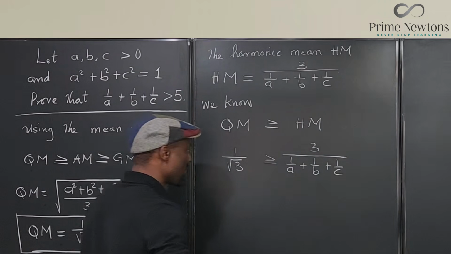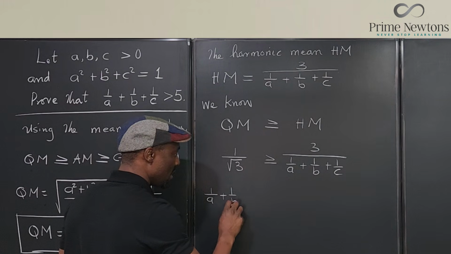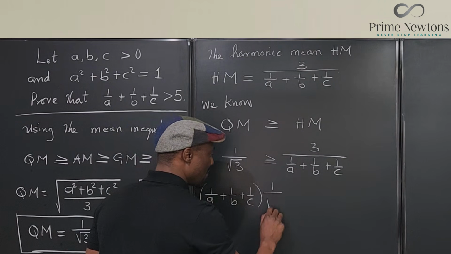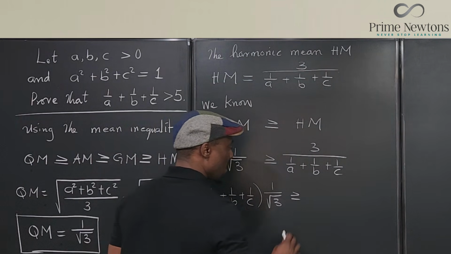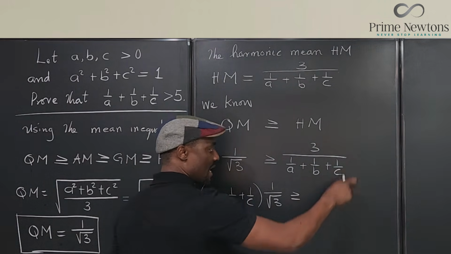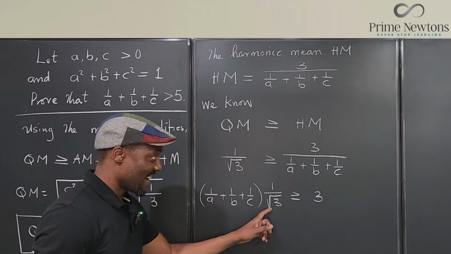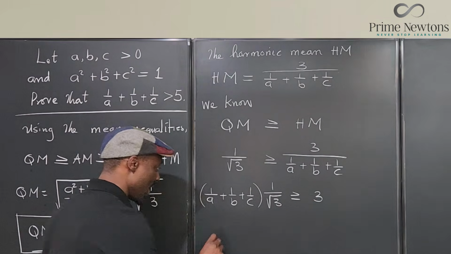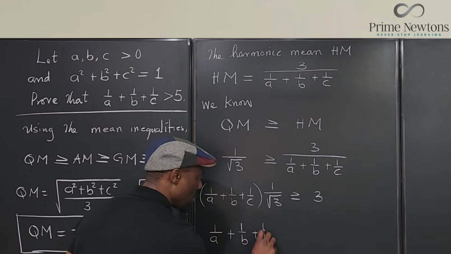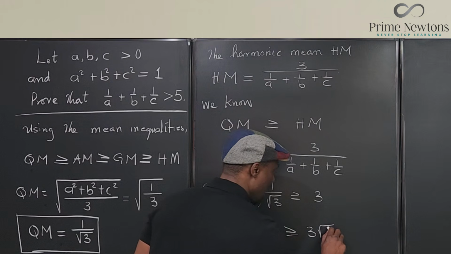If I do that, I have 1 over a plus 1 over b plus 1 over c times 1 over rad 3 is greater than or equal to 3. Then I can multiply both sides by rad 3, which gives me 1 over a plus 1 over b plus 1 over c is greater than or equal to 3 rad 3.